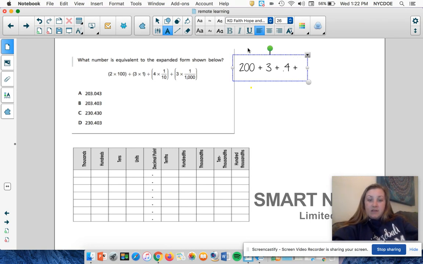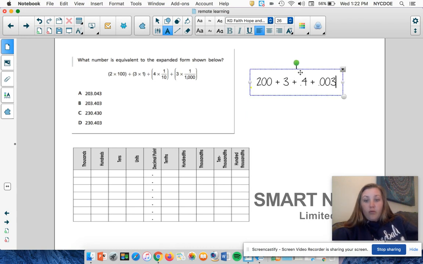Plus 3 times 1,000 is 3,000. Okay? This would be the number written out by solving the number in each parentheses before you're going to combine each equation into standard form.